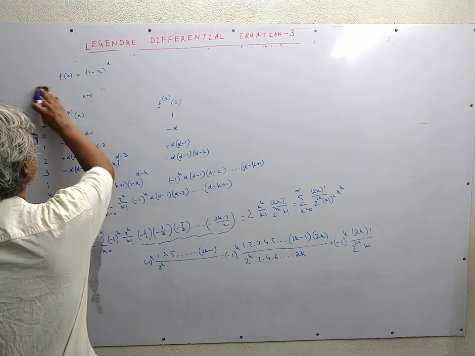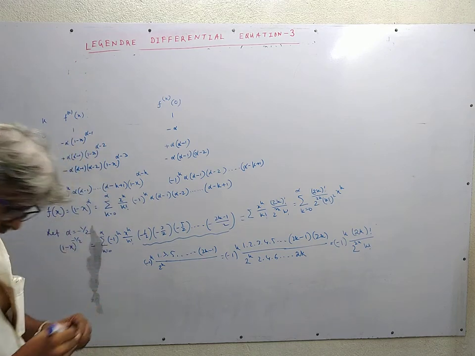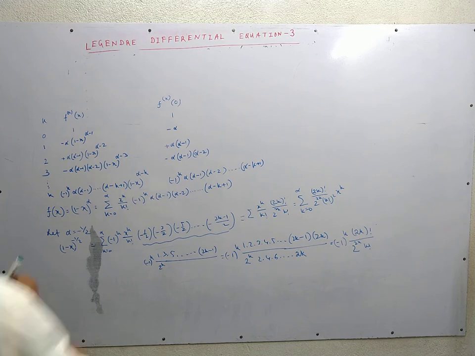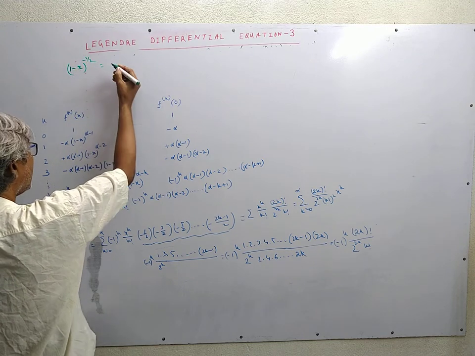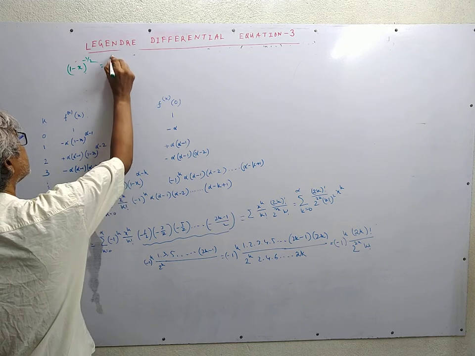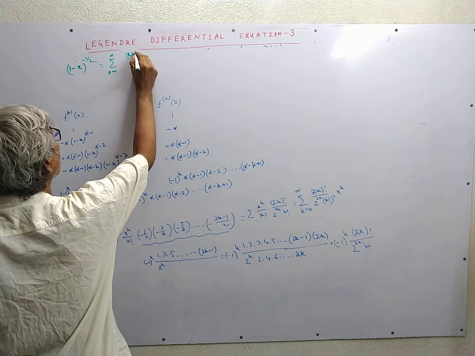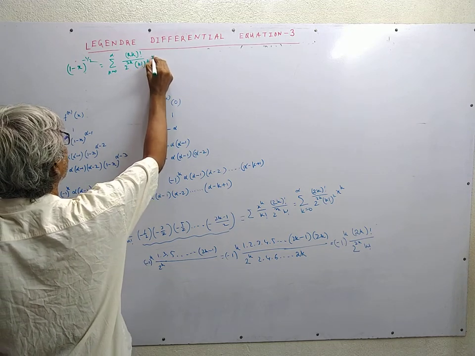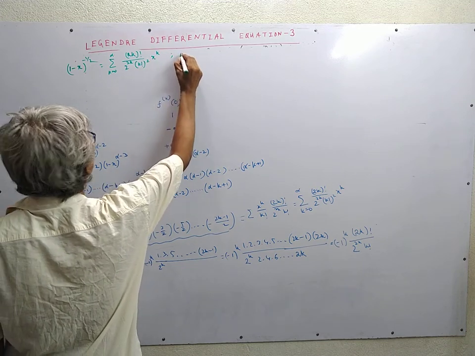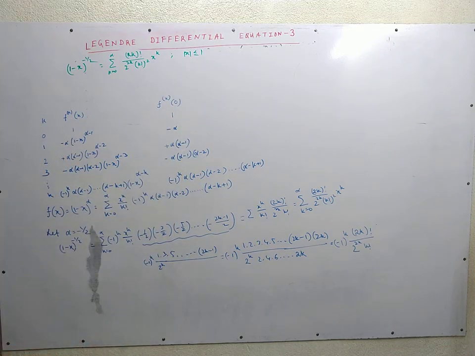So let me write the conclusion. The conclusion is that 1 minus x to the power minus half is equal to summation over k equal to 0 to infinity of 2k factorial over 2 to the power 2k k factorial square times x to the power k, and this expansion is valid when mod x is less than 1, which we know from the analysis of the remainder term in the Maclaurin series.